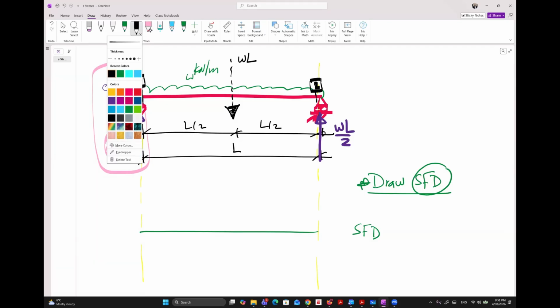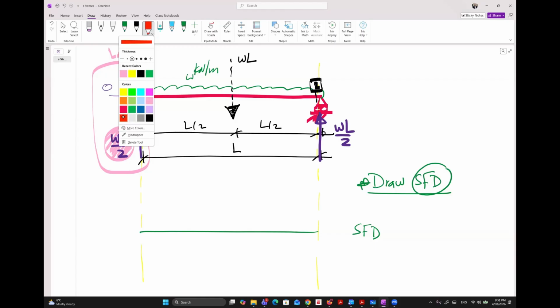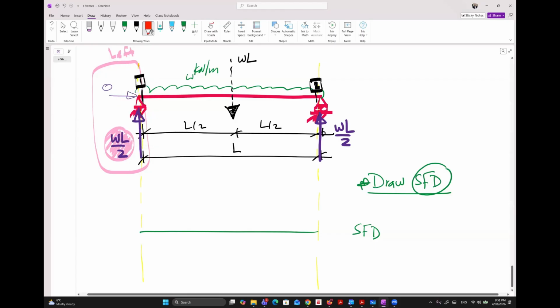Upward, right? So what I will do is, from 0, go up with the value I got, which is WL over 2.